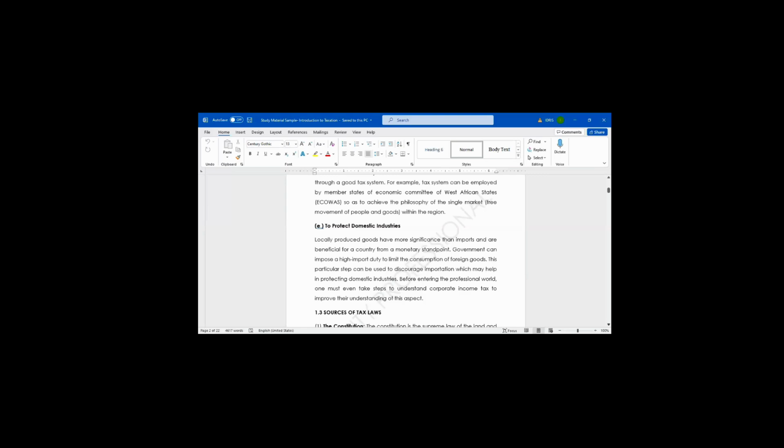So that by putting more import duties on those imported goods, it will discourage people from consuming the imported product. People will have no option other than using the ones manufactured within the country. By virtue of that, it is going to increase the business activities of the domestic industries.